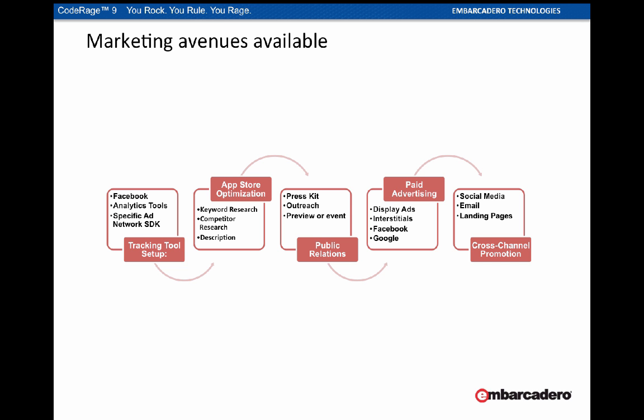You can preview the app by providing, for example, if you're launching a game, a preview of it to your users so that they can download it and experience it for themselves. You can even provide freemium, which is free levels, plus as they move along, you can have them make an in-app purchase going forward.